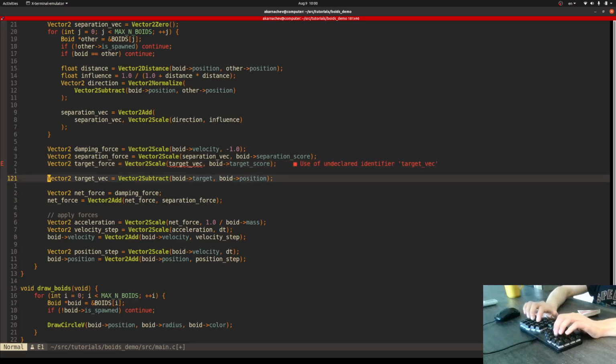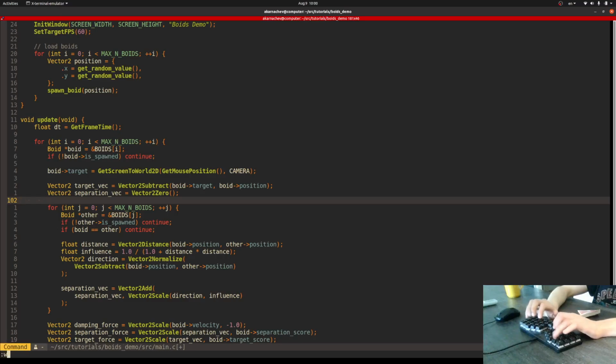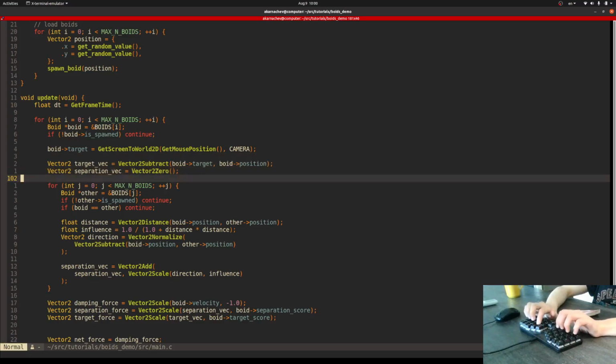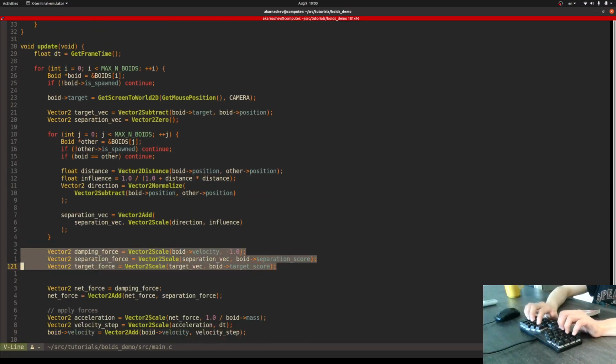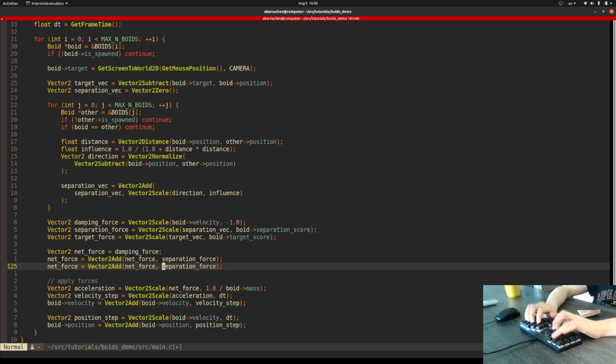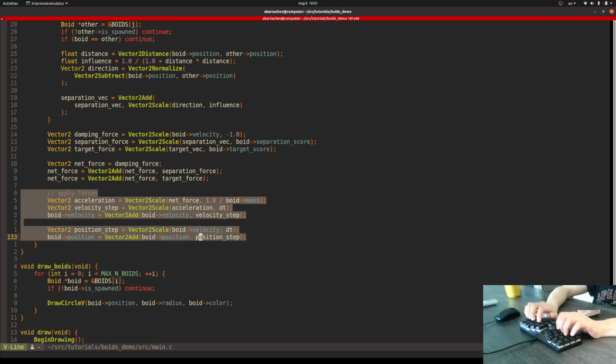Let's maybe put it like so. These are our vectors, and this is our net force, and we want to add target force. And as I said earlier, I don't want to change this code in any sense, because it's our engine.